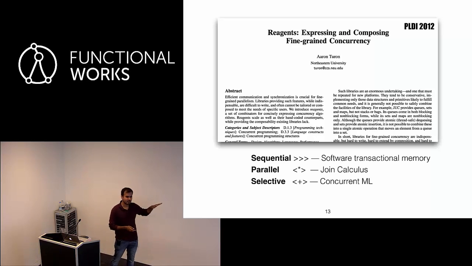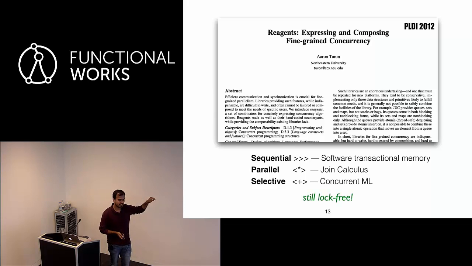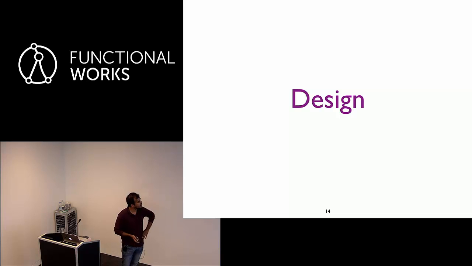One of the nice things the paper says is it provides the ability to put things sequentially, similar to software transactional memory, but also combine things in parallel, similar to join calculus, and also perform selective communication, and I think Go channels also provide this select operation. The nice thing is you can combine all of this in a single library, but still be lock free. That's the key, right? So your algorithms won't livelock if you build them with Reagents.